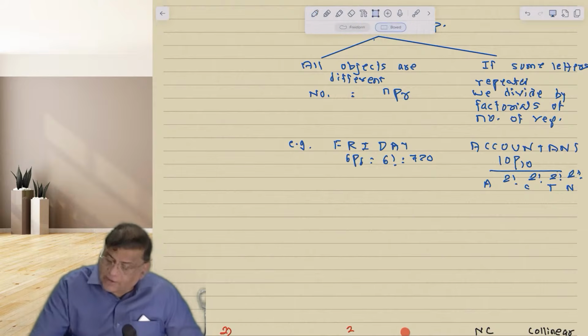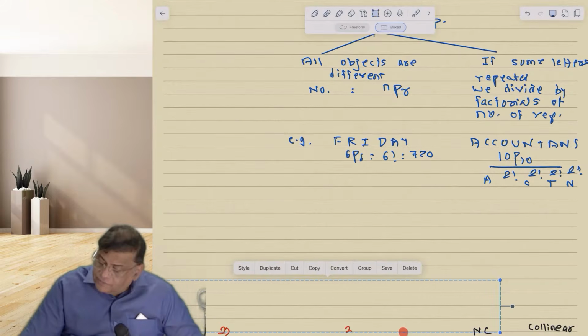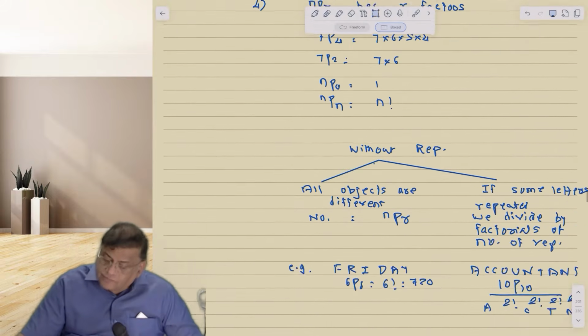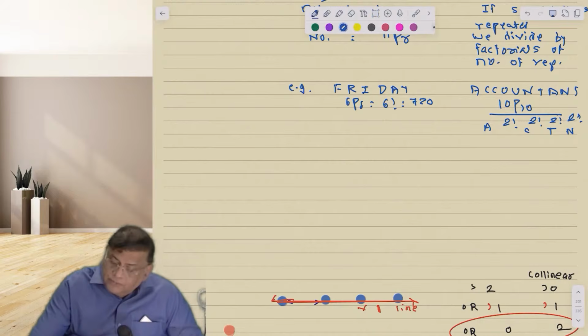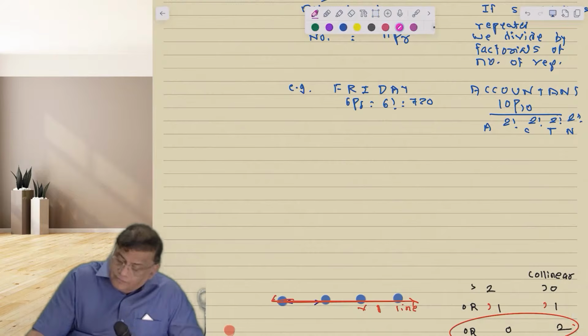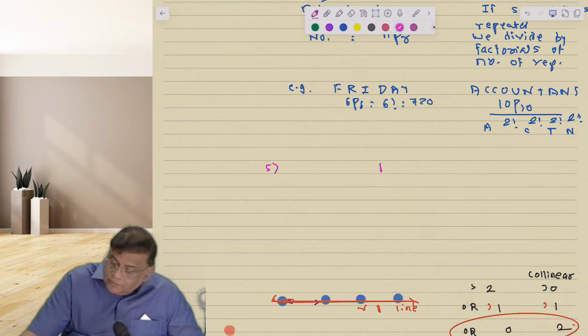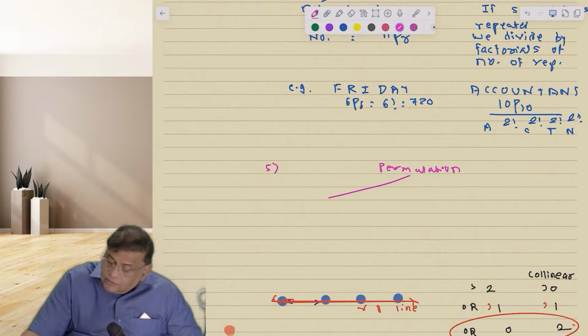Well, my next point is in permutations. In permutations, another variety of questions is together and separated.